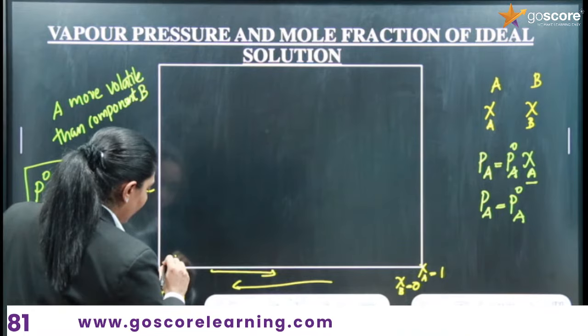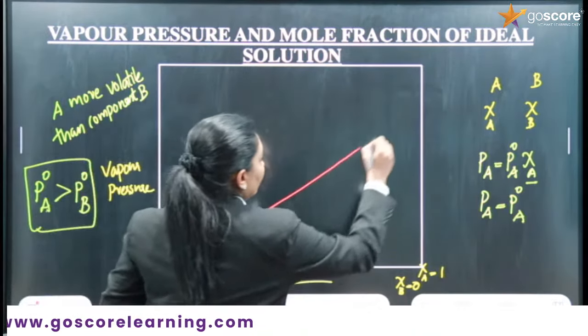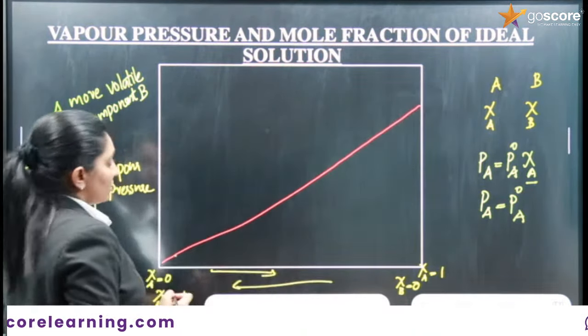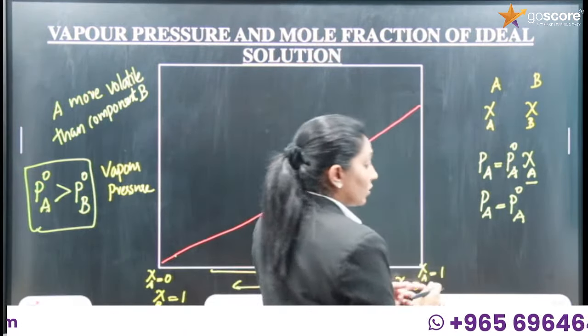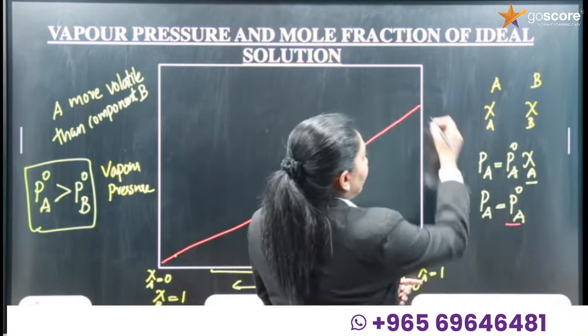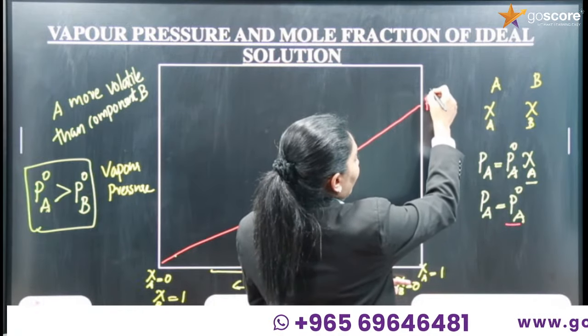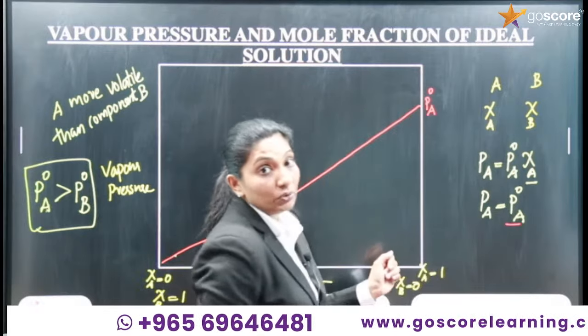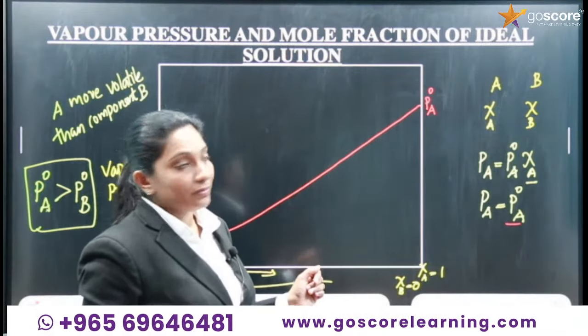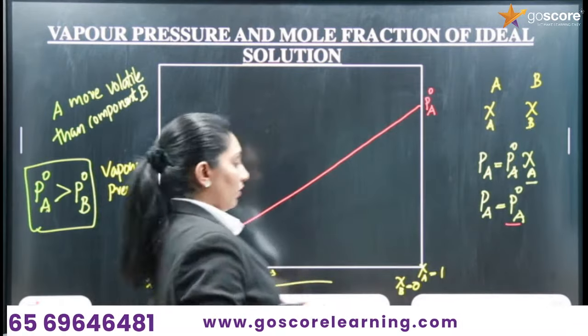The line will be coming from here, and since it is the first component, which is more volatile, for chi A equal to 1, what will I get? This will be P naught A, right? Because here the chi A value reaches the maximum. So this will be P naught A.